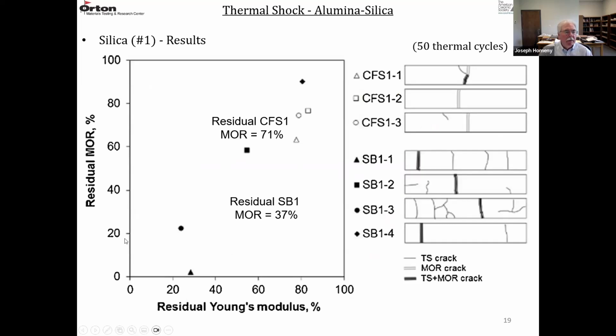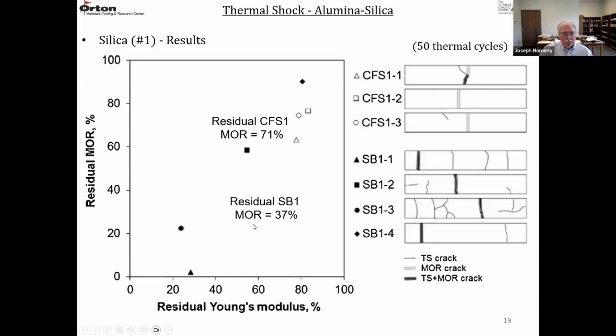So here's a plot of residual MOR versus residual Young's modulus. There should be a general relationship where they follow a curve here. This is residual MOR for a crystallized fused silica brick. It's 71%. And then this is residual MOR for a silica brick that's crystalline.